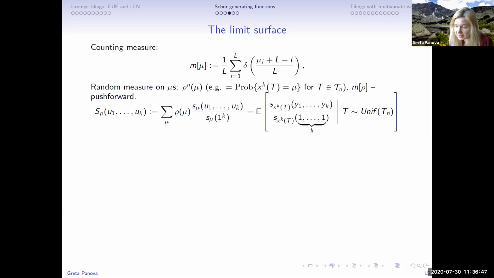And the setup is exactly the same. So again, we have the same Schur generating function I was showing earlier, and now we will formalize this measure theoretically.